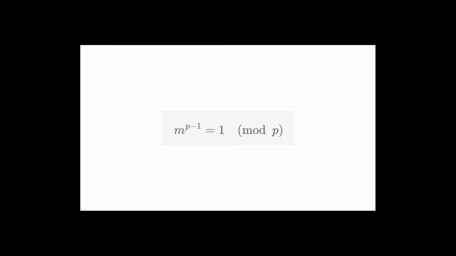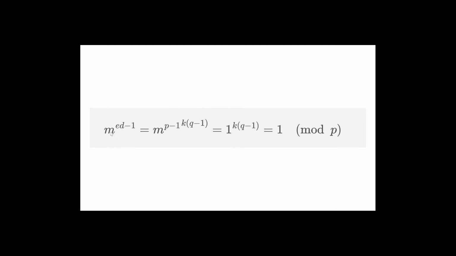So the term m power p minus 1 is actually equal to 1, and we're simply multiplying 1 by 1, k times q minus 1 times. So the whole thing is equal to 1, because 1 is a neutral element. You can multiply it as many times as you want, it's still going to be 1. So the end result is that m power ed minus 1 is equal to 1, of course, modulo p.